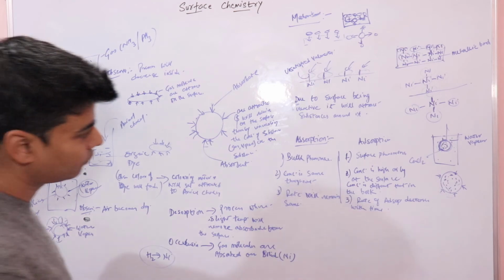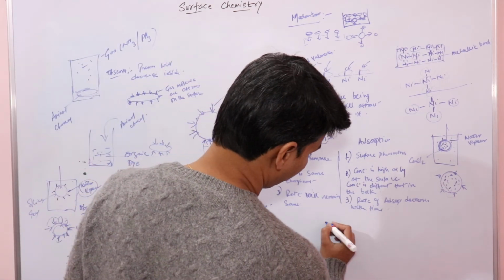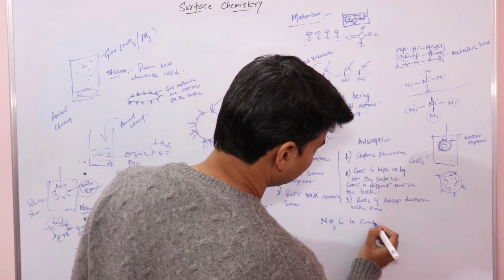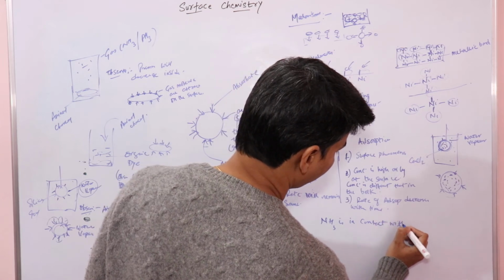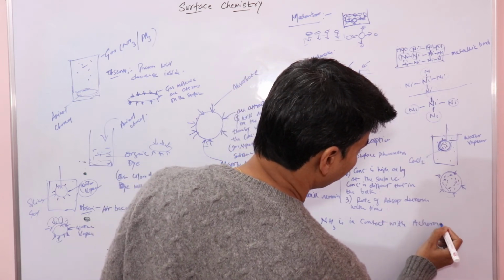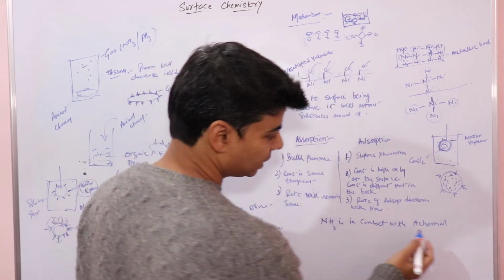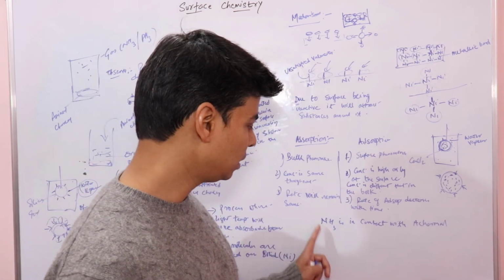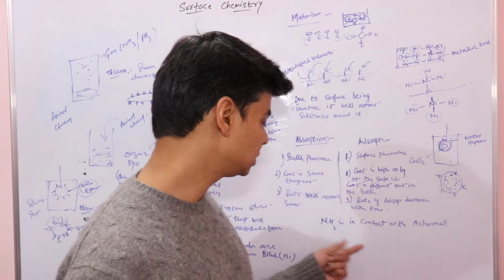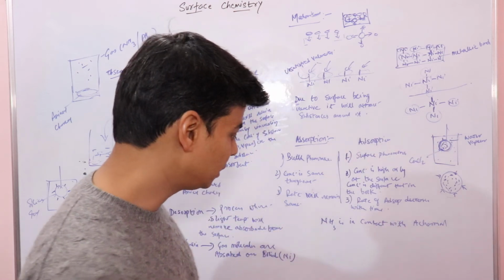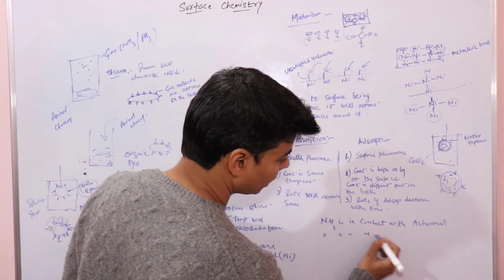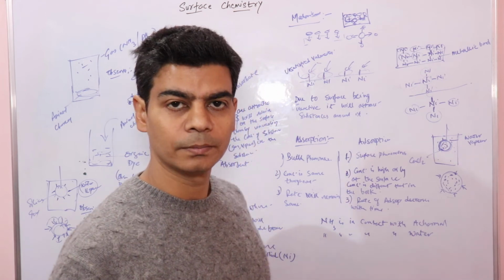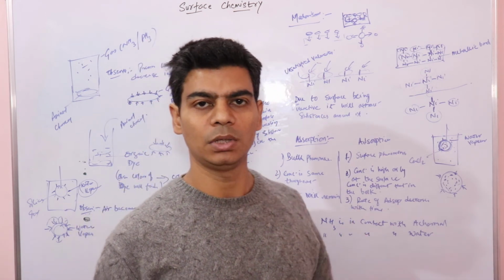So one example of adsorption and absorption: if ammonia is in contact with animal charcoal, then the ammonia gas will get adsorbed on the animal charcoal, right? That is, it will remain on the surface of animal charcoal. Whereas if ammonia is in contact with water, then it will dissolve in water and form a solution of ammonium hydroxide.